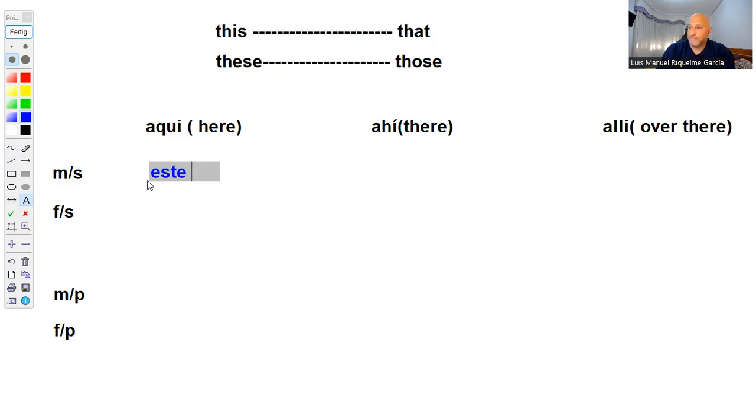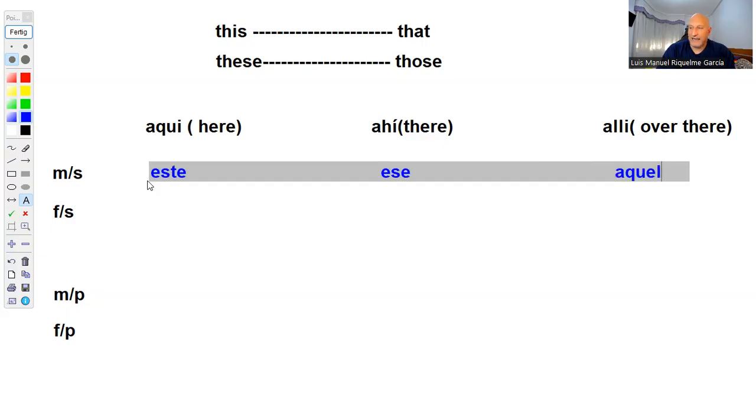This car. It needs to be a male and single word. What if that male and single word is a bit farther away? And you want to say that car, that phone. Ese. What if that word or that object is even farther? Aquel.